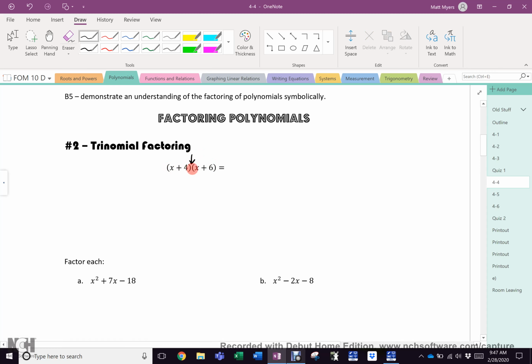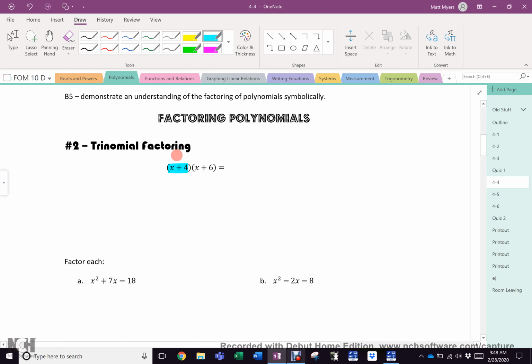Now often, kids have a lot of trouble with understanding how this could be a factor when it's got two terms. It's a binomial, isn't it? How can it be a single factor? Well, if I told you that x was 6, then what number is that? 10. And it would be a single thing, wouldn't it? Does everybody understand this? So even though that is two terms, it is grouped together as one factor.